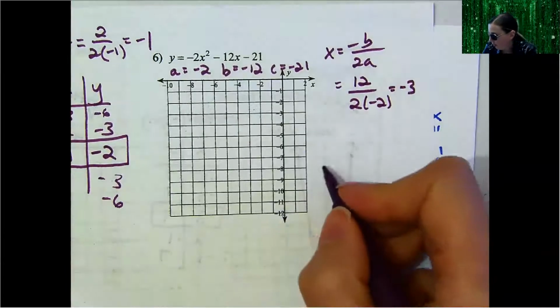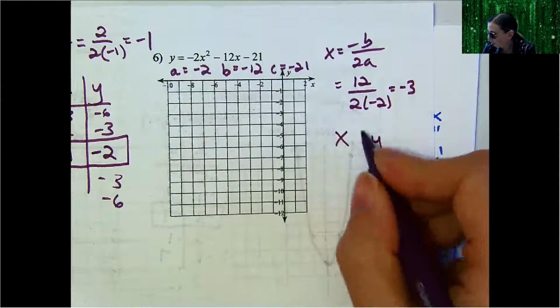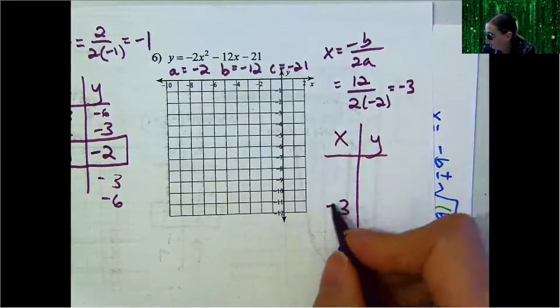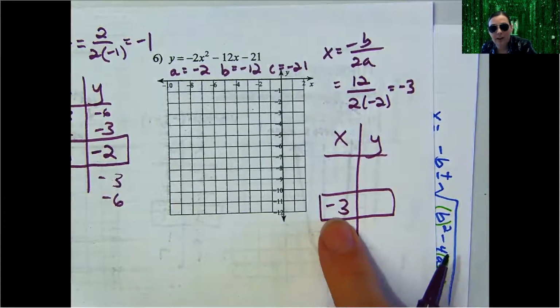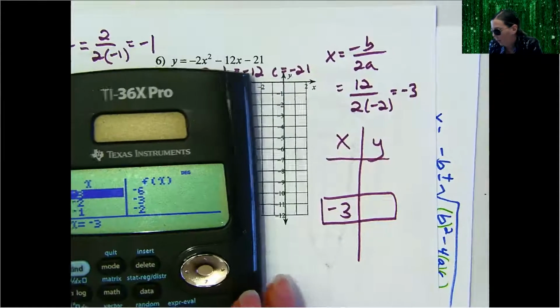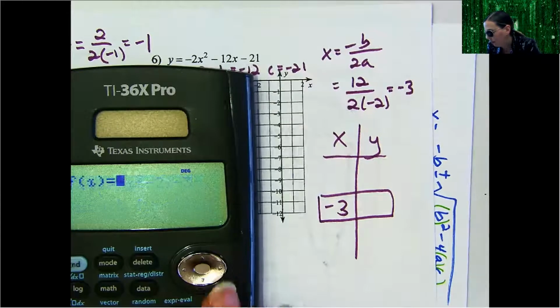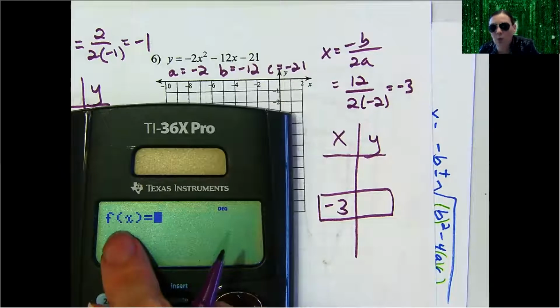So in your chart here, that's where we're going to tell our calculator to start at -3, and then we'll get all the other details that we need. So on the calculator, head on over to the table and edit that function in. Most of you have the yellow calculators, and instead of f of x, it says y.